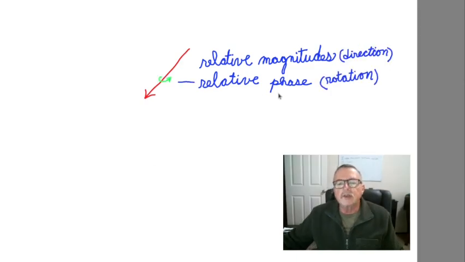A relative phase is like a relative rotation. You can change the length of this ray, but it's still the same ray. But the direction is what matters. The relative phase gives us a rotation number that defines this ray.